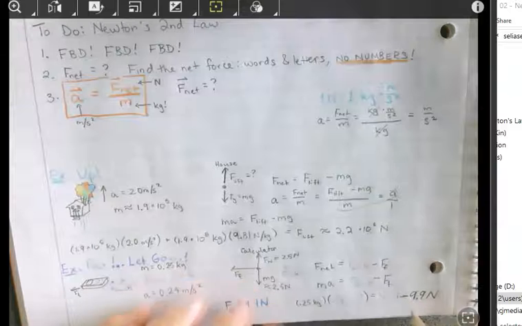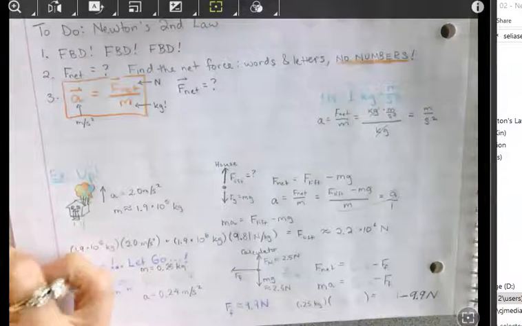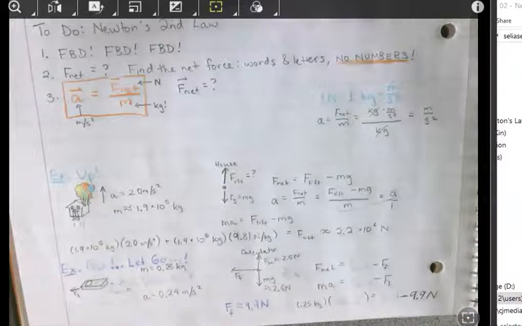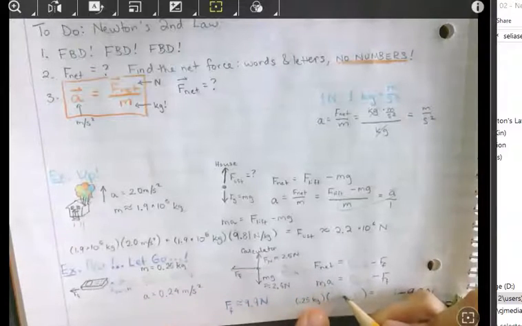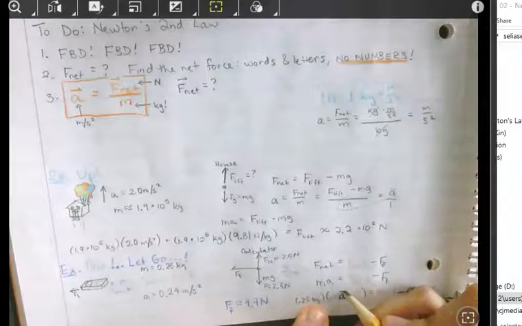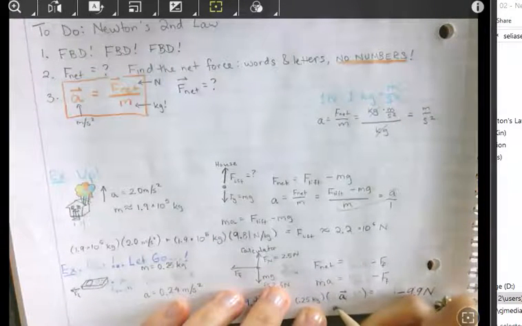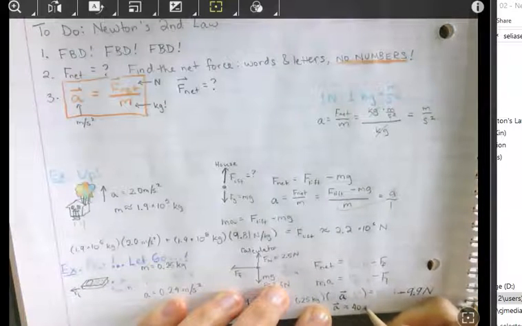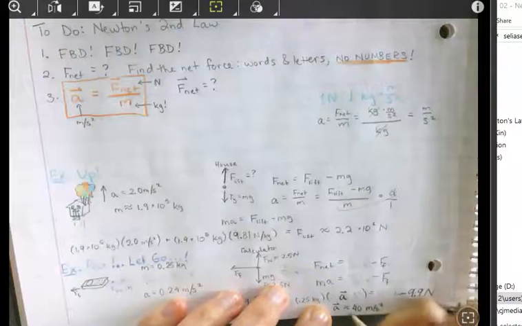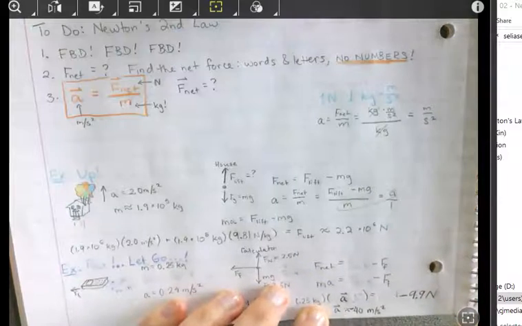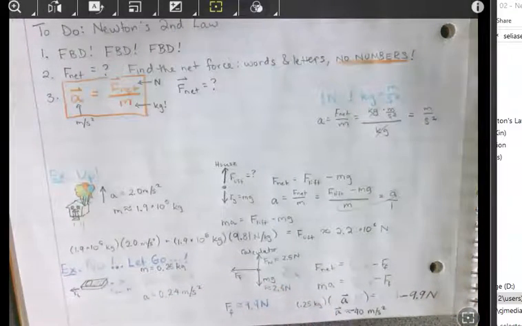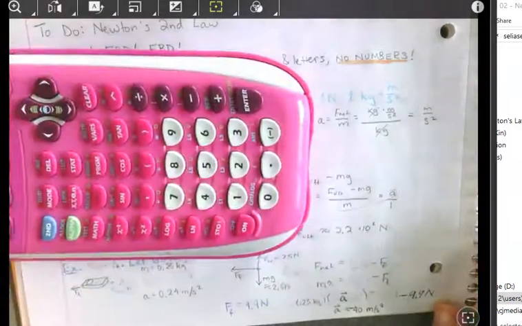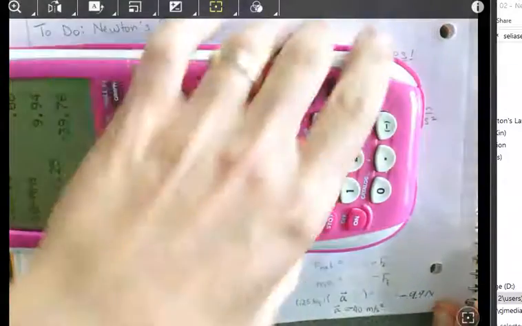Note that negative. You should be getting a much bigger acceleration, and that acceleration should be somewhere pretty close to 40 meters per second squared. Which way? Negative.